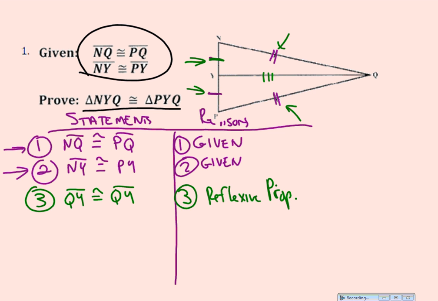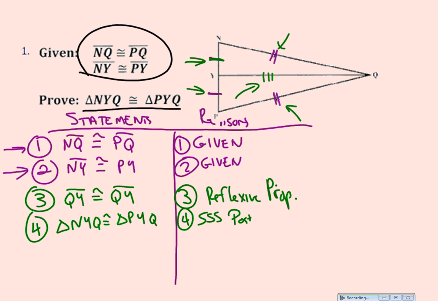These two sides are congruent to each other. This side's congruent to itself. So I can say triangle NYQ is congruent to triangle PYQ. Why? Side, side, side postulate.